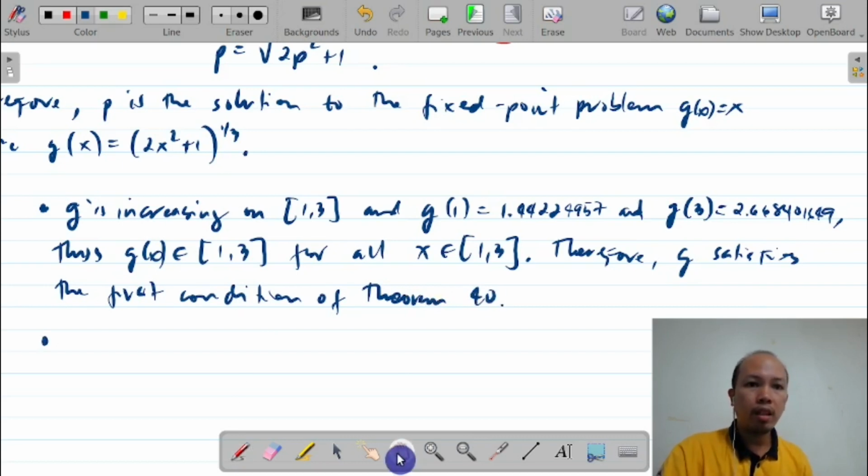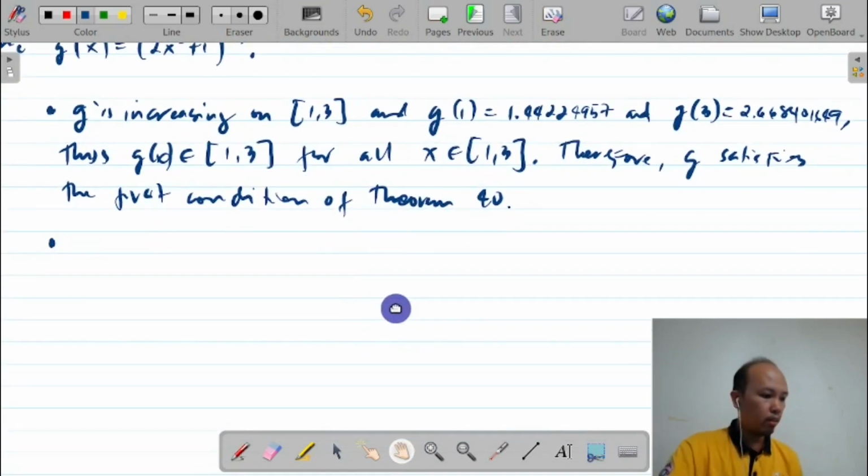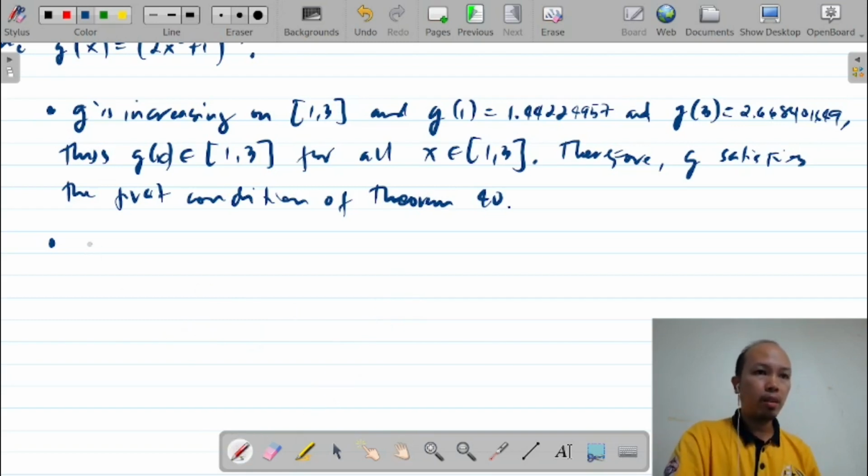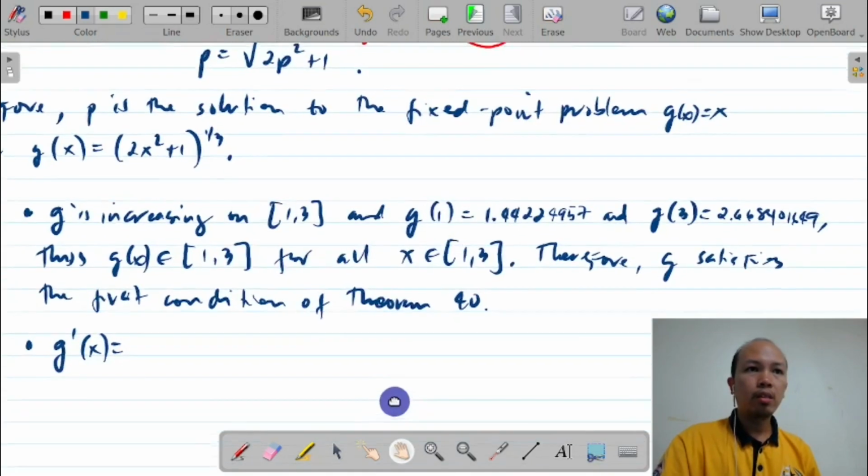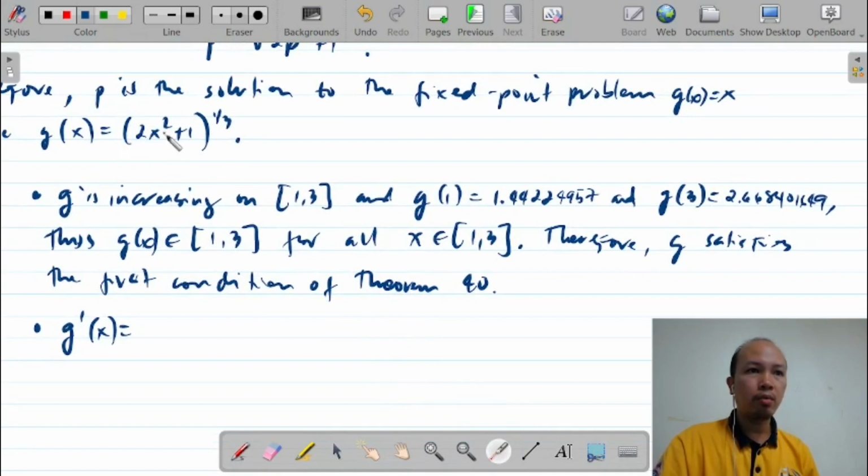Okay, how about the second condition? First, let's have the derivative of our function. Remember, our function is this one here. The derivative of the quantity 2x squared plus 1 raised to the power of 1/3 is 1/3 times 2x squared plus 1 raised to 1/3 minus 1, which is negative 2/3.